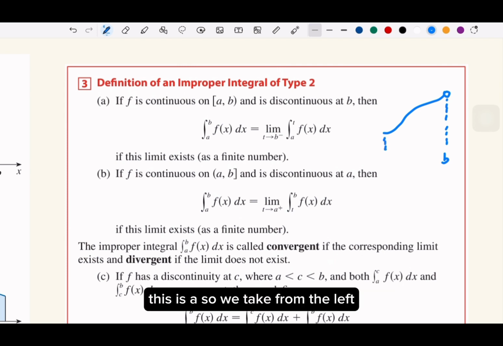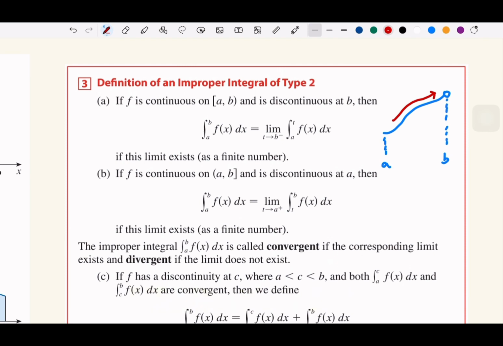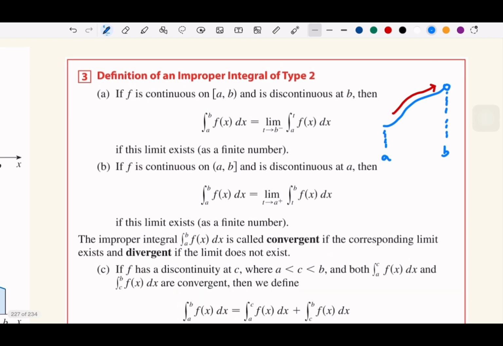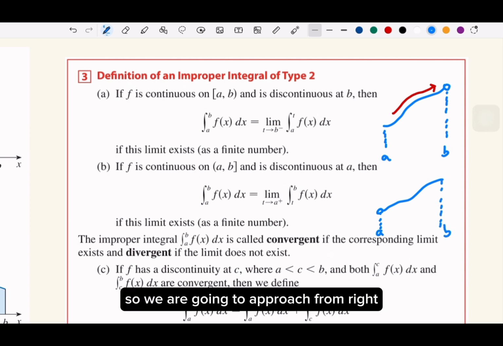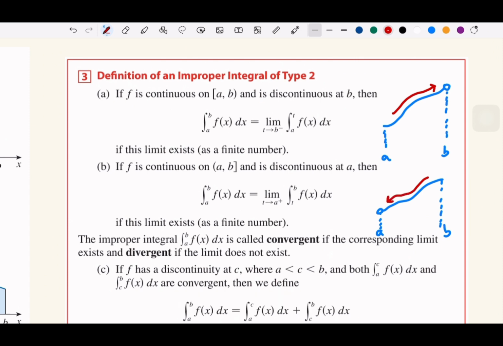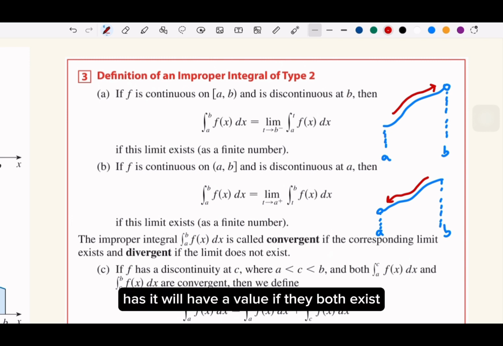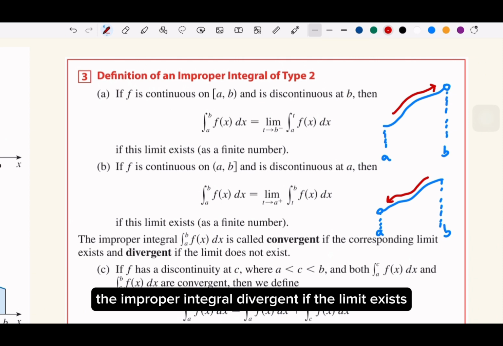This is B, this is A. The second one has the discontinuity at A, so we approach from the right of A. Both will have a value if the limits exist as a finite number, and we call the improper integral convergent if the limit exists. It's divergent if the limit doesn't exist or is infinity.